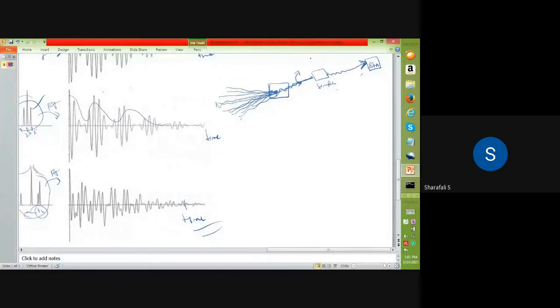So this is a superimposed signal of all these frequencies. It will be a very complex signal like this, because it has different frequencies superimposed.